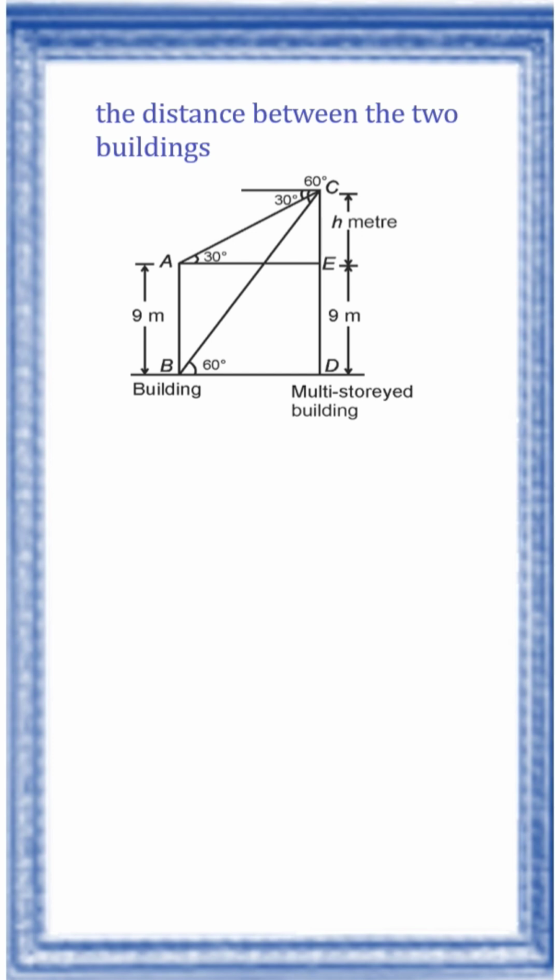So now let us calculate the distance between the two buildings, that is BD. BD is equal to AE, that is equal to x. So x is equal to root 3 h meter from equation number 1. Here root 3 we can take as 1.73, h is 4.5 meter.